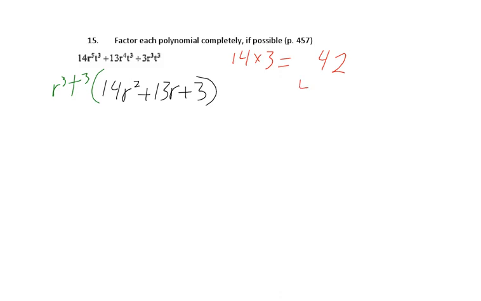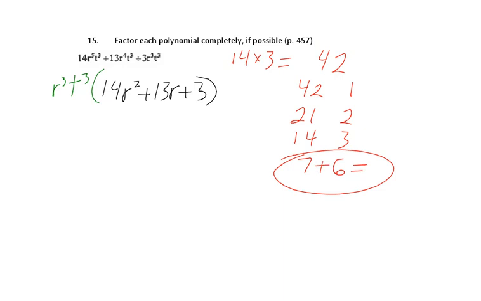Numbers that make 42 can either be 42 and 1, 21 and 2, 14 and 3, or 7 and 6. I like 7 and 6 because that adds up to 13. So you end up having 14R2 plus 7R plus 6R plus 3.